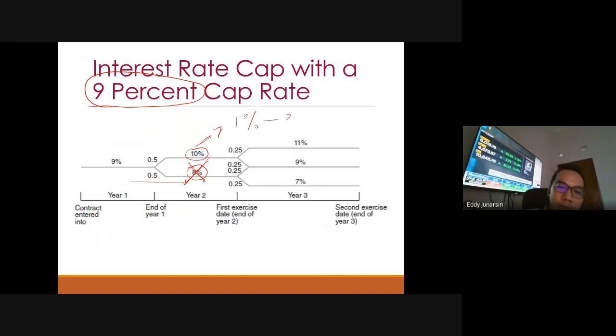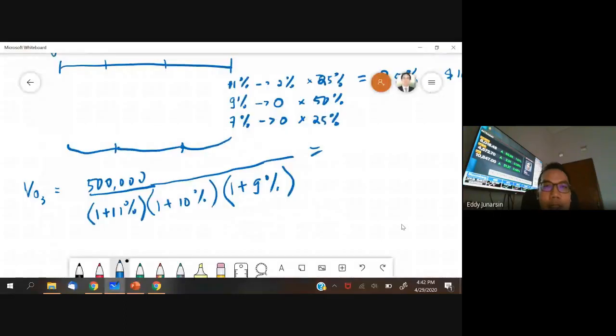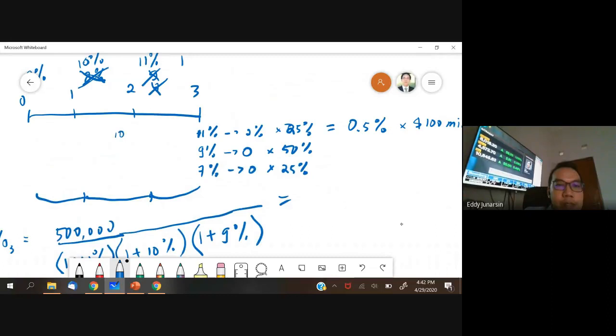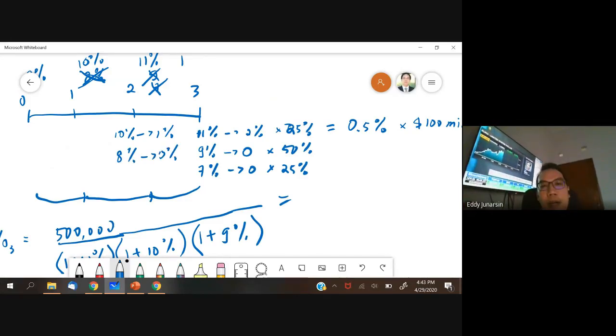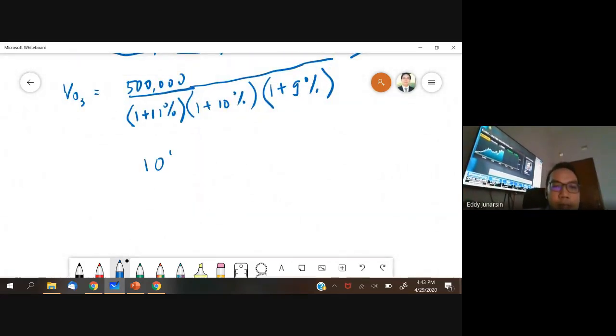So here, 10%. Let me write down there again. So in the second year, if this is 10%, then you get 1%. If it's 8%, you get nothing. Okay? And the 10% means, again, you get 1% because the cap rate is 9.